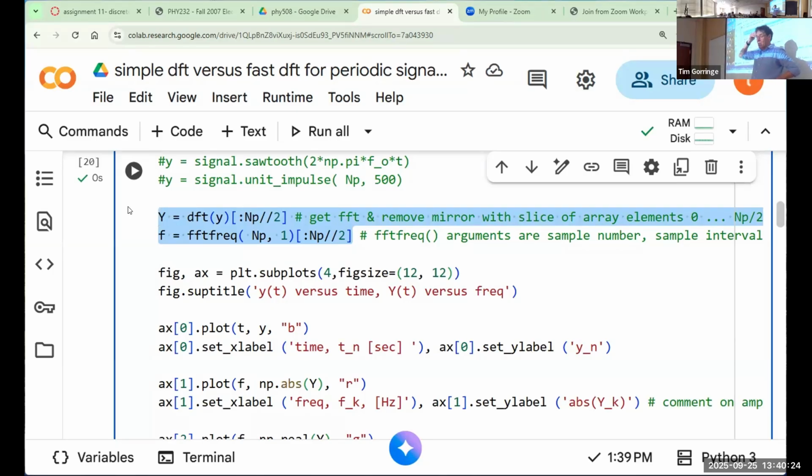For some reason I've switched to y's rather than x's. This uppercase Y is frequency domain, this lowercase y is time domain. I'm slicing the data, remembering that the data is mirrored in that array, so I'm just keeping the bottom half and slicing off the top half. When you've got 1,000 samples, you keep the bottom 500 and throw away the top 500.